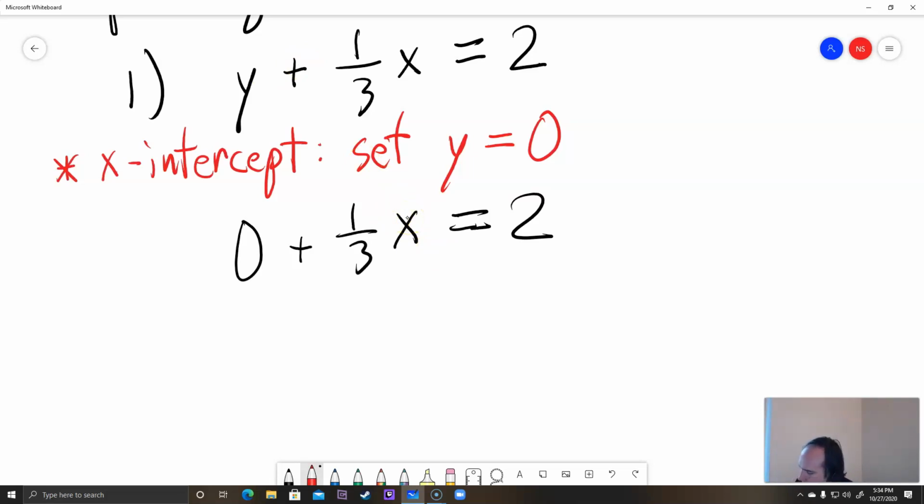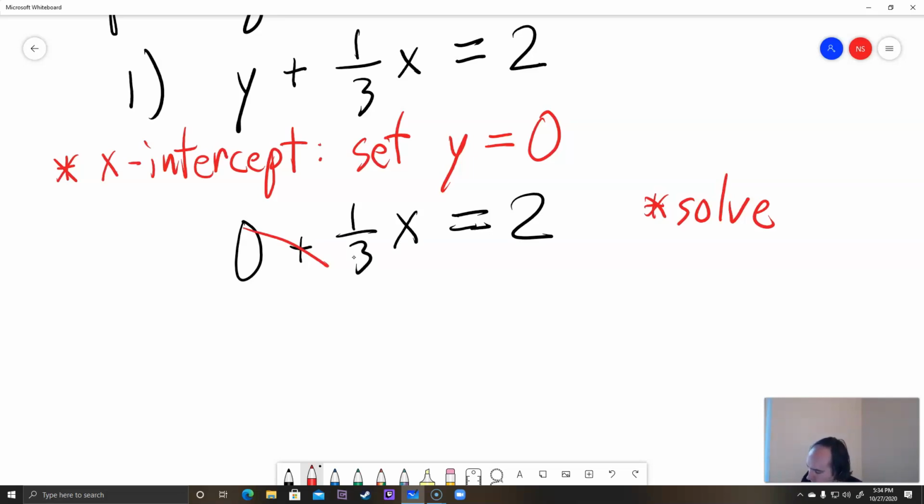Okay? So to solve this, 0 plus any number is the number. So this just goes away. And then we need to get rid of the 1/3. So how do you get rid of 1/3? Well, the opposite of dividing by 3 is multiplying by 3. So we're actually going to multiply both sides by 3.